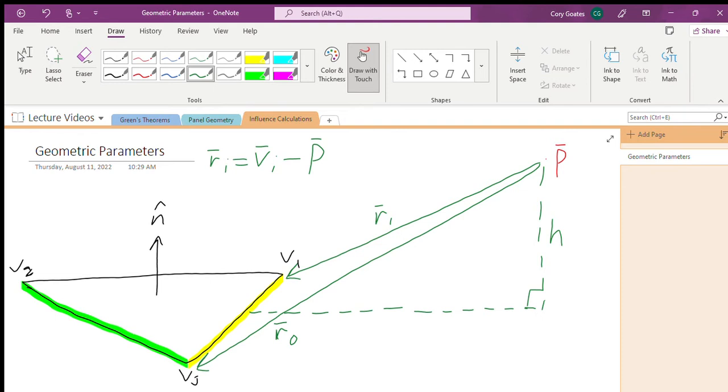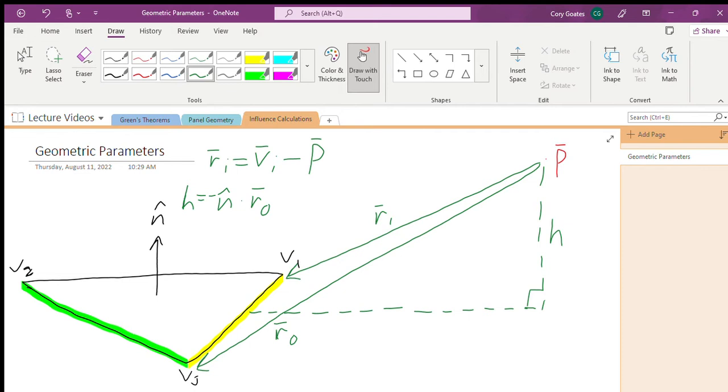Now you'll notice, since R here is pointing down towards the panel and n hat is pointing up, if we just say that h is equal to n hat dotted with R0, then in this instance we're going to get a negative h, which doesn't make any sense because we are above the panel. We want a positive h, and so we do h is equal to the negative dot product of n hat and R0. Okay, so that gives us our height above the panel.